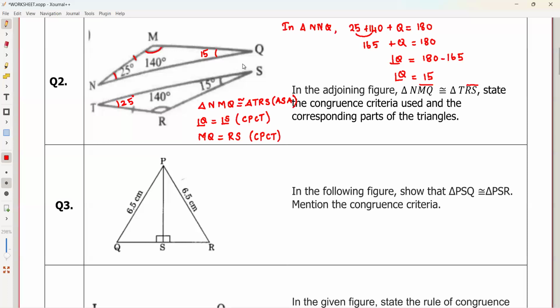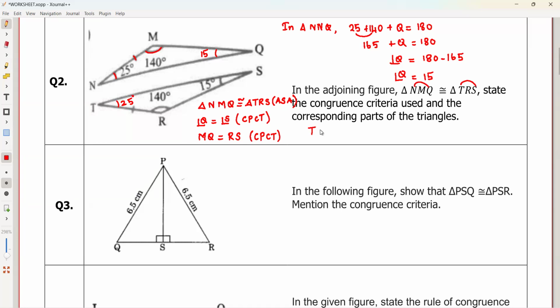Next, one more side. TS is equal to what? Naurie? Yes, sir. TS is equal to NQ. So both should be equal.